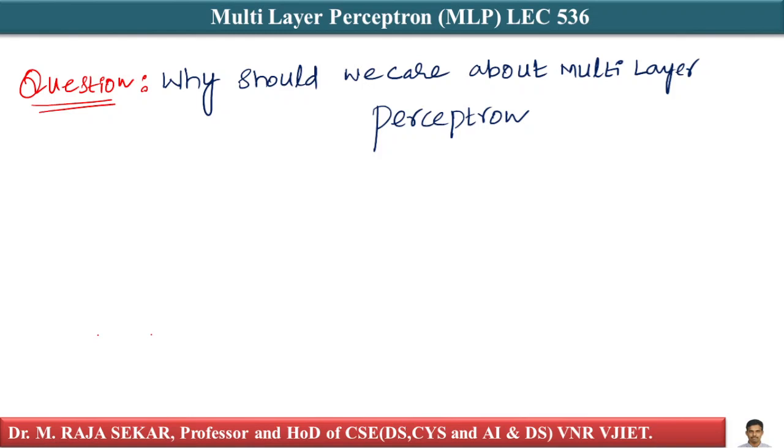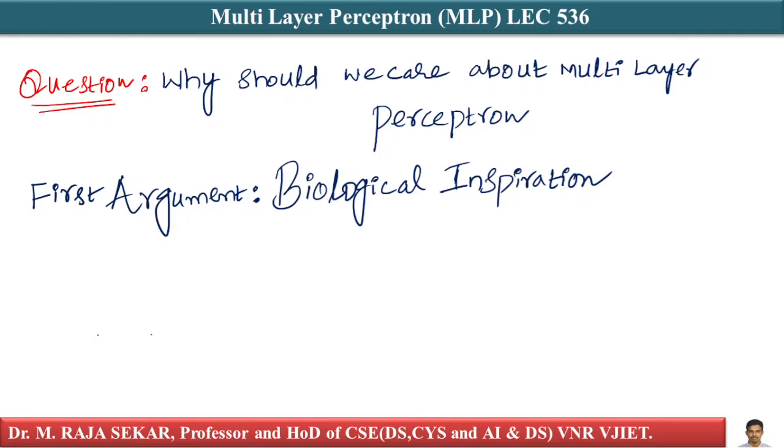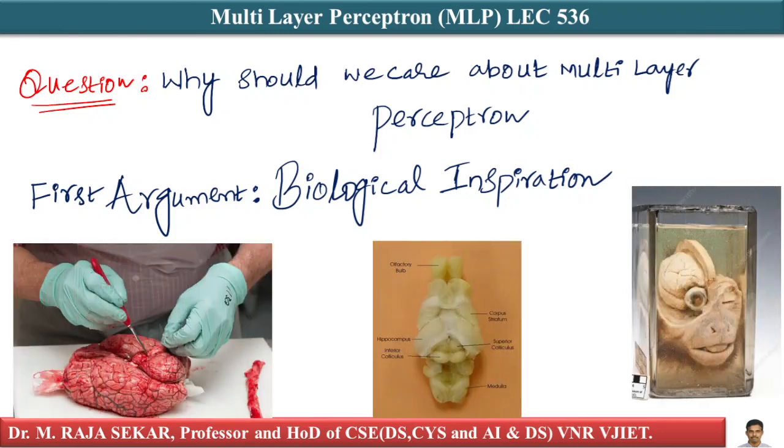The first argument is biological inspiration. When neuroscientists were dissecting the brains of humans, rats and monkeys, they realized that the neural structure within the brain is actually a network of connections, with all these neurons interconnected in a very complex way.